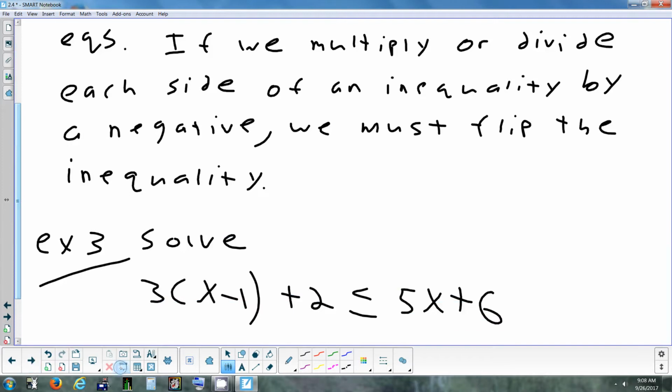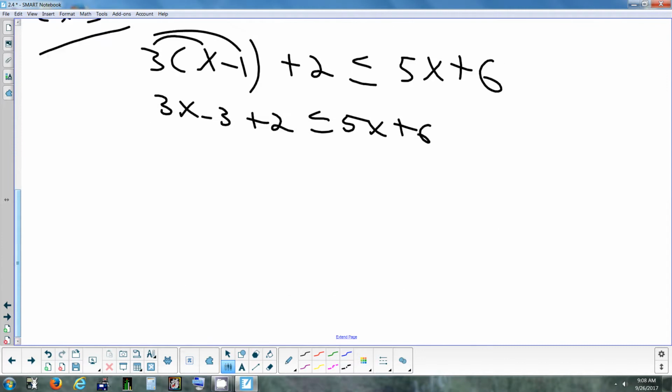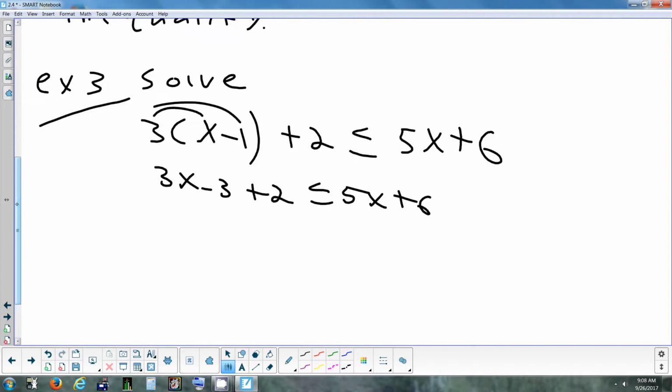Yeah, perfect. We're going to distribute the 3. So I get 3x minus 3 plus 2 less than or equal to 5x plus 6. Leo, what would be my next step? Combine -3 and 2. Yep, and that would give me -1.